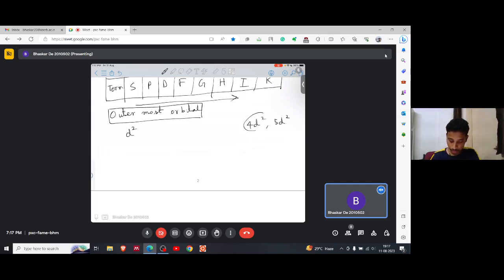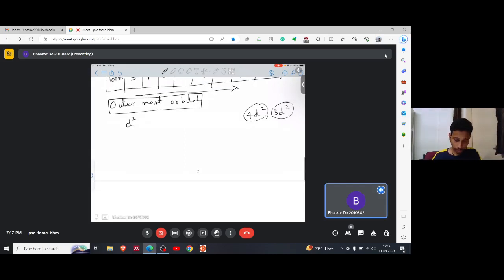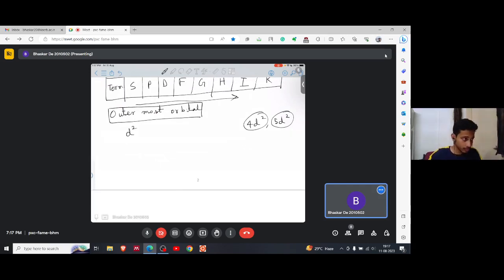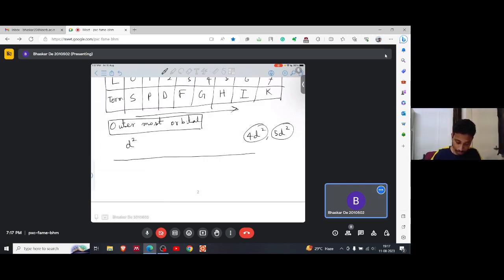So this is the outermost electron shell. The d orbital has basically 5 boxes or places to accommodate electrons. So the d orbital can hold a maximum of 10 electrons, and that can be arranged like this.